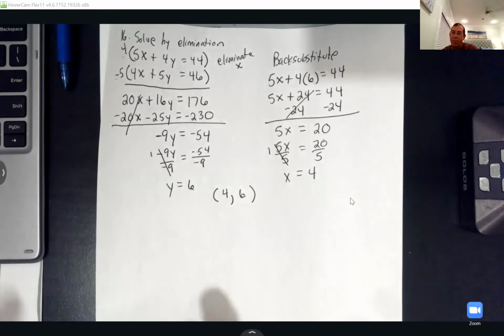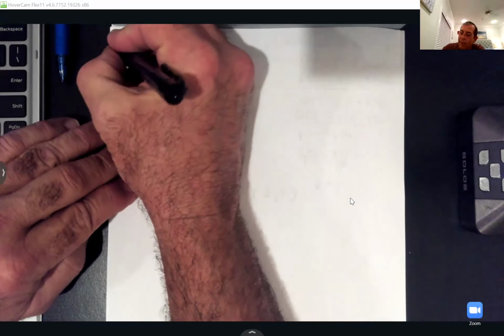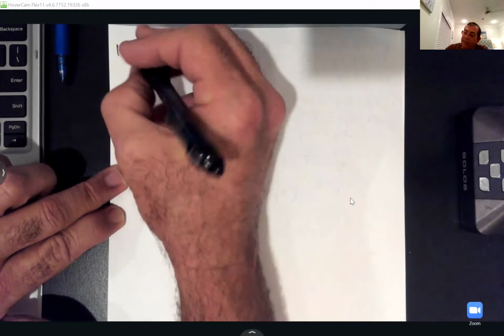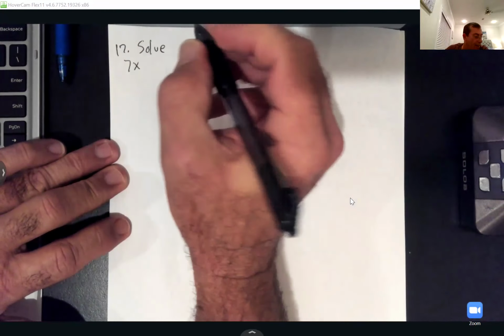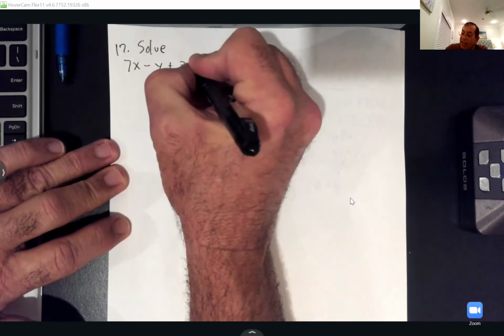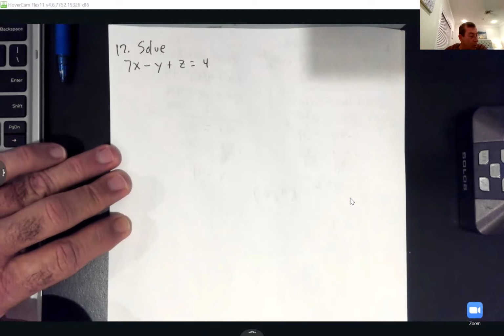All righty, so I'm going to turn my page over because number 17 is the same thing with 3 variables. So this one says solve 7x minus y plus z equals 4. So there's my first equation.